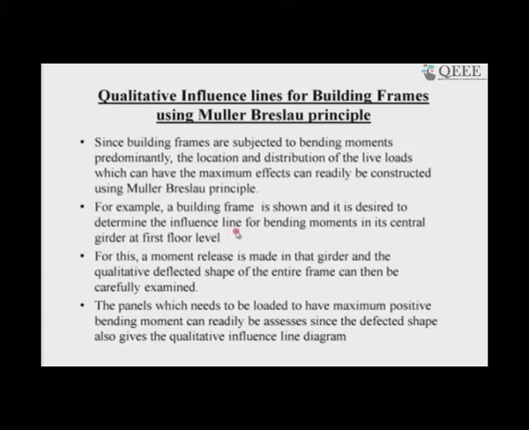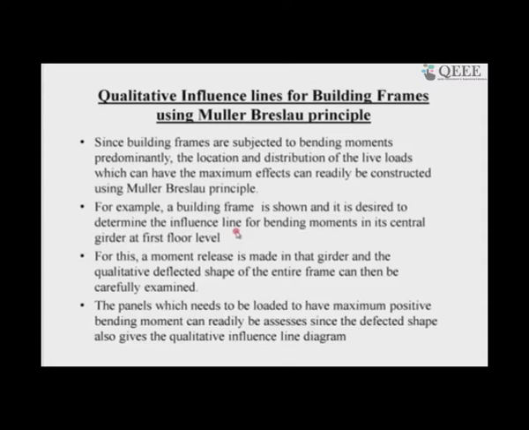For example, we are showing a building frame and it is desired to determine the influence line for bending moments in a central girder at first floor level.